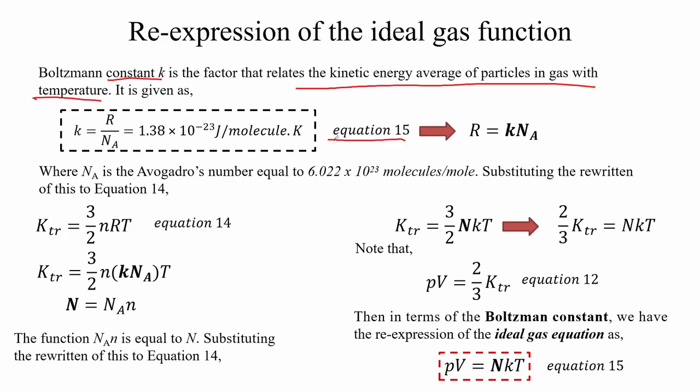Substituting this into the kinetic energy expression, equation 14, we get that it is expressed as 3/2 times n times the Boltzmann constant times the temperature. We note that the expression pressure times volume is equal to 2/3 times kinetic energy, shown in equation 12. We incorporate this, and in terms of the Boltzmann constant, we have the re-expression of the ideal gas equation shown in equation 15.